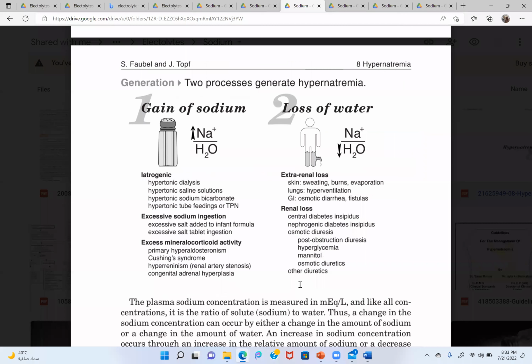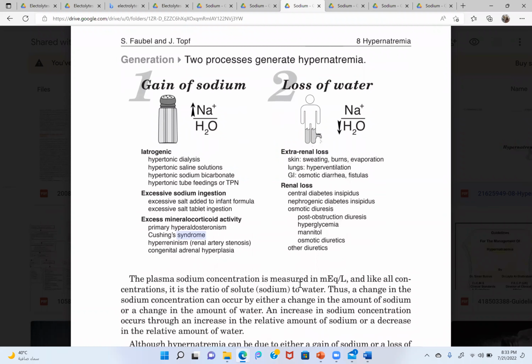Gain of sodium occurs through hypertonic dialysis, hypertonic saline or other hypertonic fluids, hypertonic tube feedings or TPN, excessive salt added to infant formula, excessive salt tablet ingestion, and increased mineralocorticoid activity, such as hyperaldosteronism, renal artery stenosis, and congenital adrenal hyperplasia.